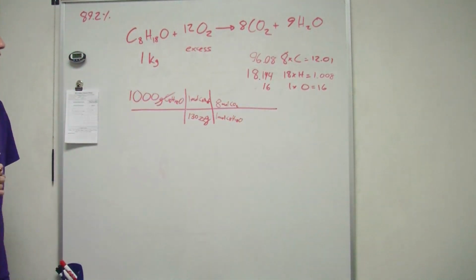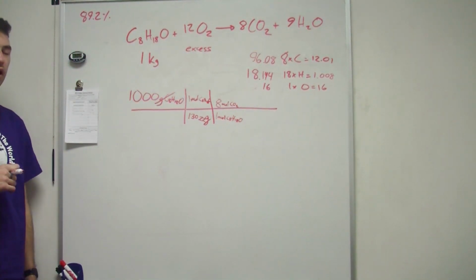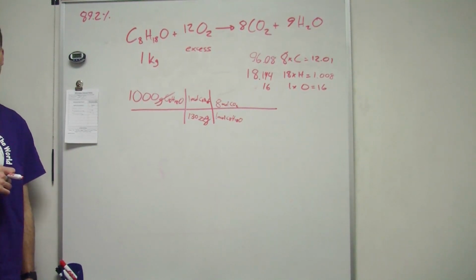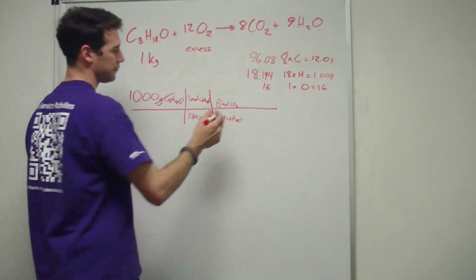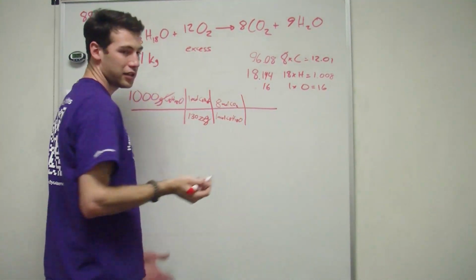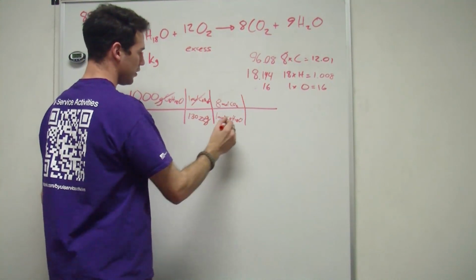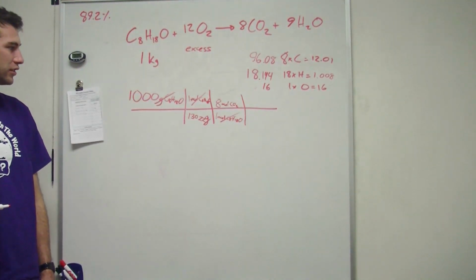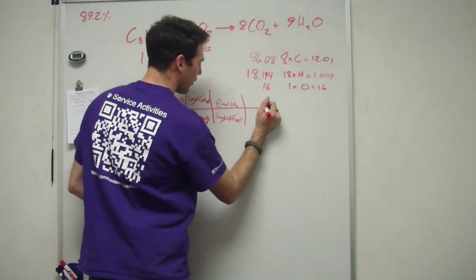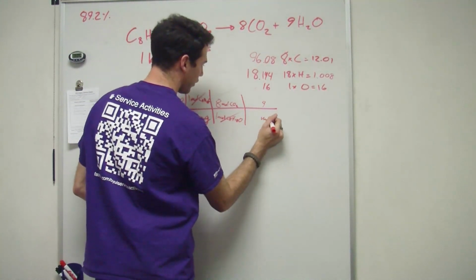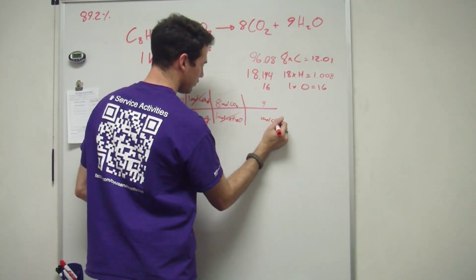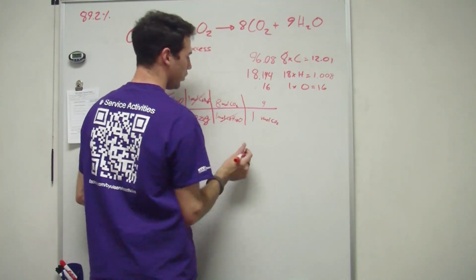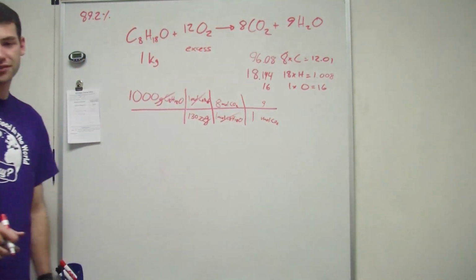Now let's say I wanted to figure out how many grams, or how many kilograms, of CO2 I produce. I can add another step, because now I'm in moles of CO2. I want to go into grams, so 1 mole of CO2 is equivalent to how many grams?